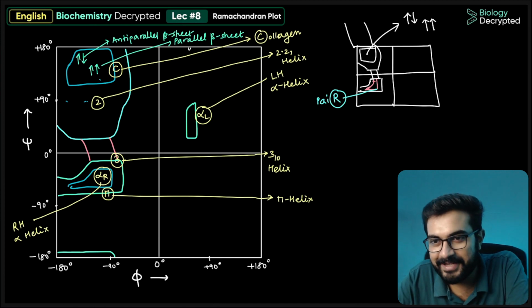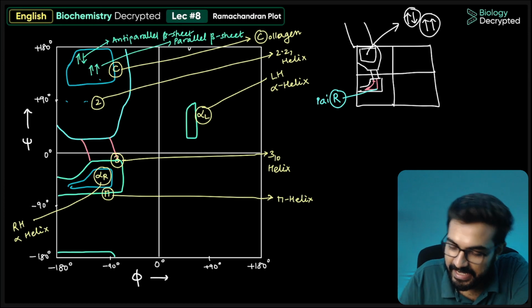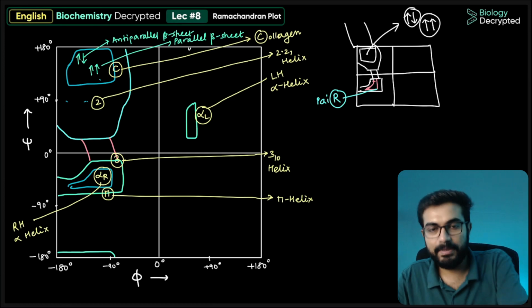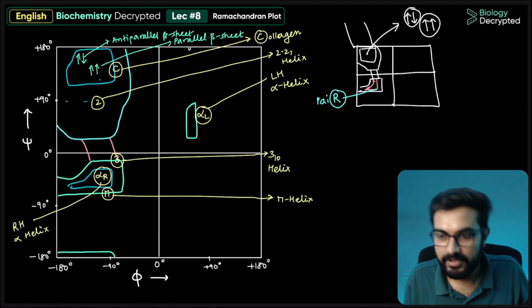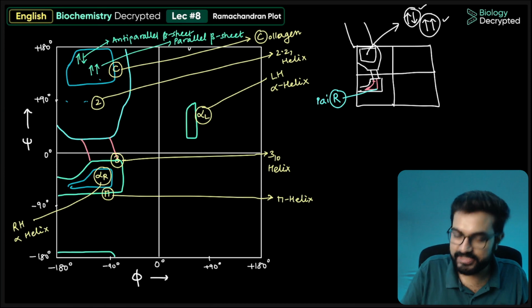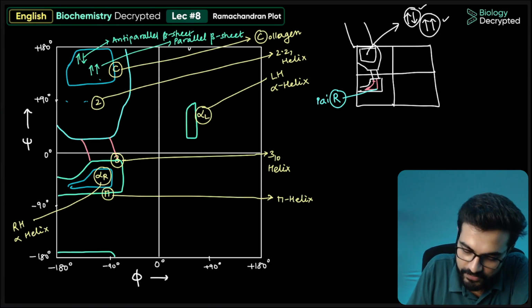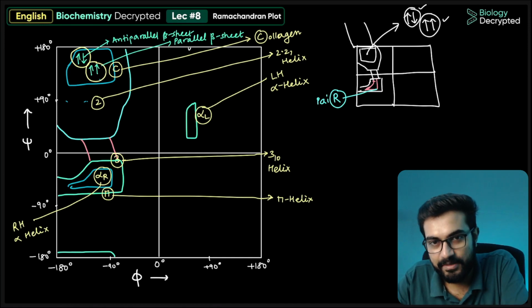These are the beta structures, the beta sheets, parallel and anti-parallel. And you know what anti-parallel means? In this fashion it is called anti-parallel, in this fashion it is called parallel. So this one is anti-parallel and this one is parallel. This is how you find the anti-parallel and parallel beta sheets.